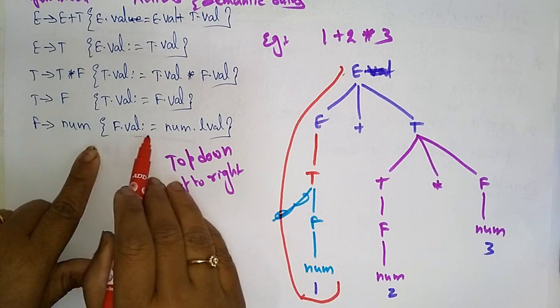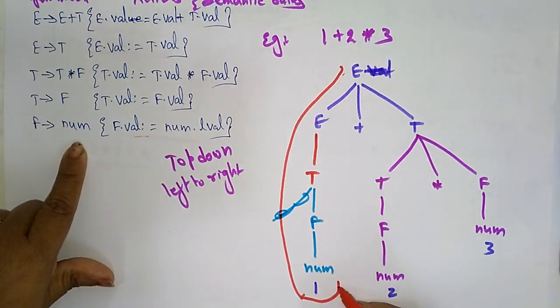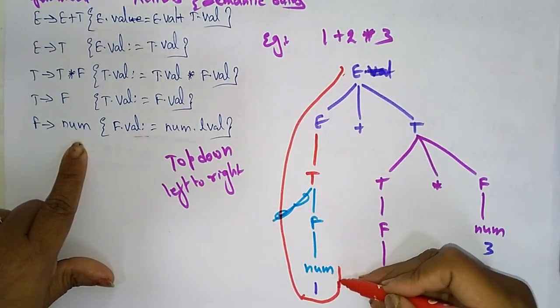Whatever the action that is carried out, that action has to be placed here. Don't be confused. Whenever there is a reduction, I'm moving in the top down approach. Okay, so I'm going up.